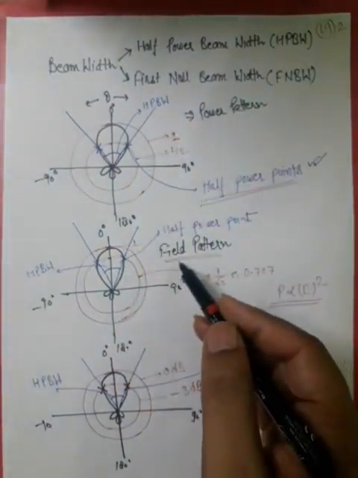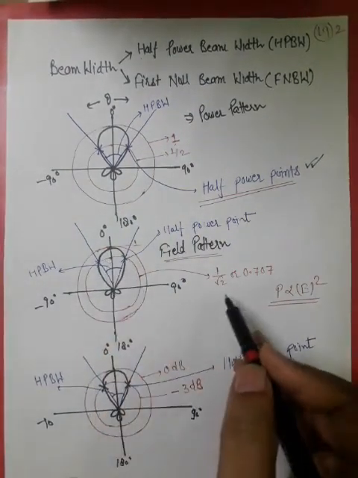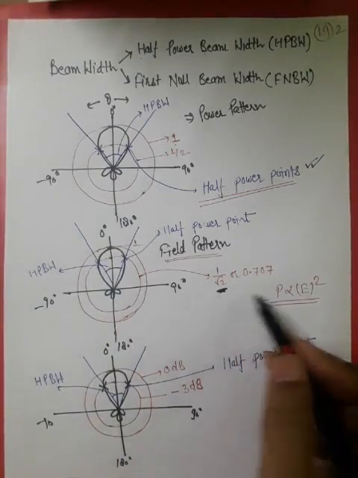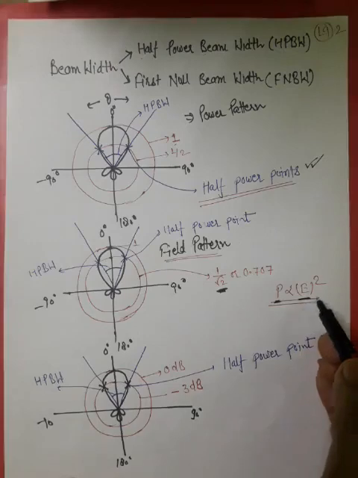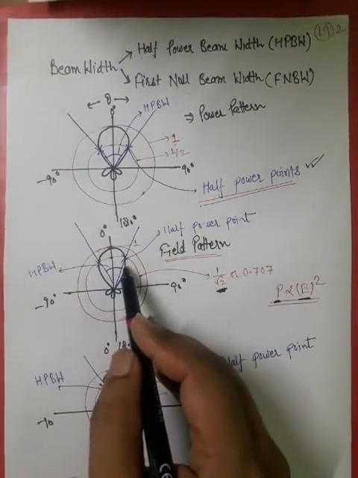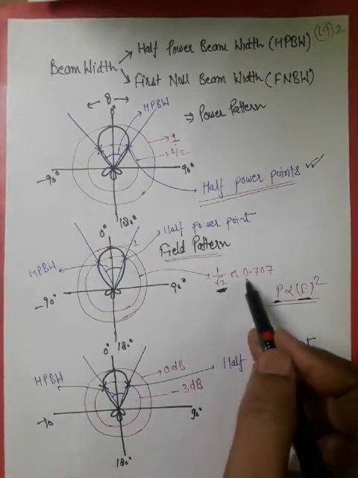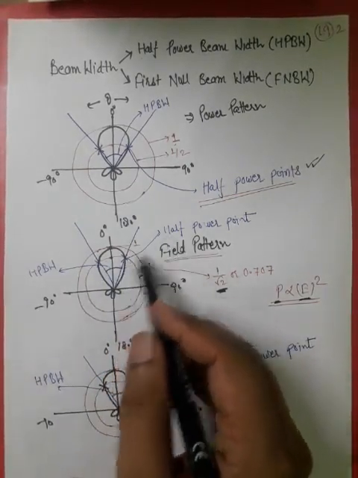So if you take 1 upon root 2, this represents half power, because power is proportional to E square. So 1 upon root 2 squared will be 1 upon 2.